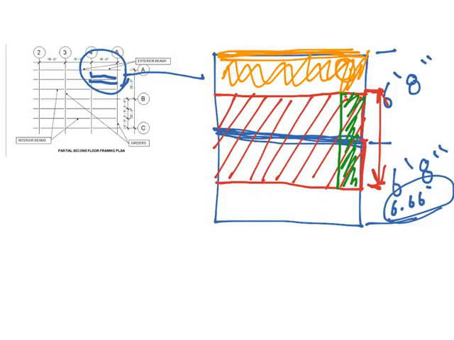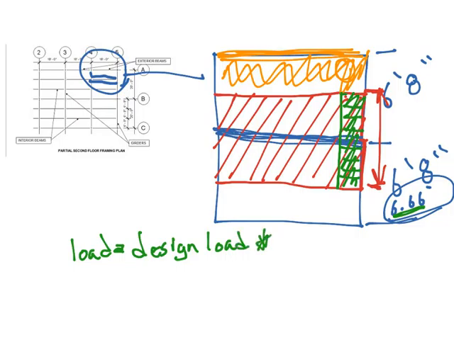My tributary width is 6.66, and each square foot in this green area weighs 150 pounds. My design load, my loading on this, is going to be, load is equal to the design load times the tributary width.